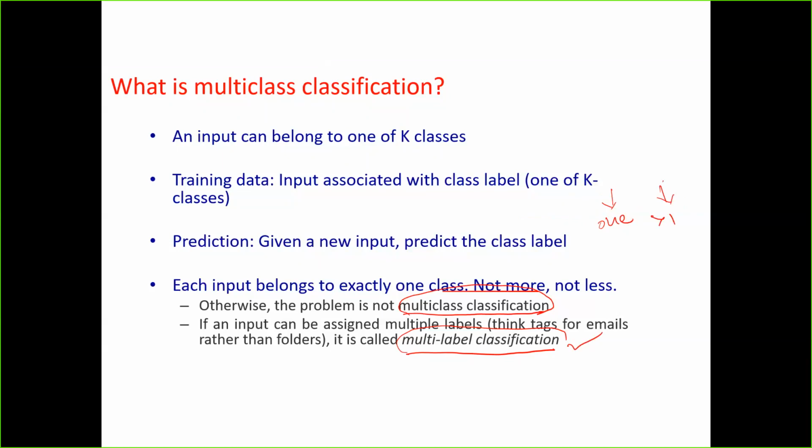In this session, our interest is the multi-class classification problem, not the multi-label classification problem. Do you understand the difference between multi-class and multi-label classification, or should I repeat something? Kindly repeat, sir. Okay.